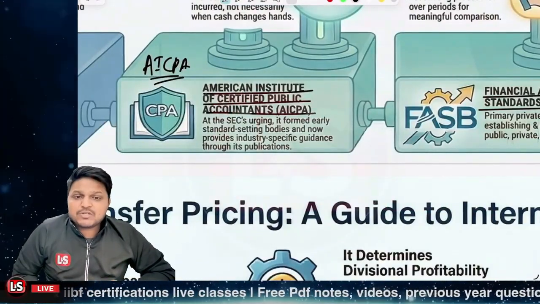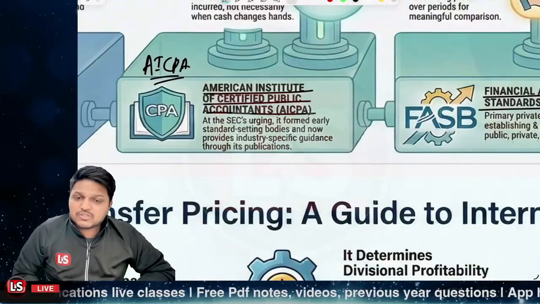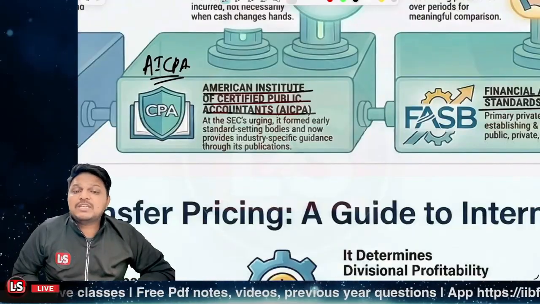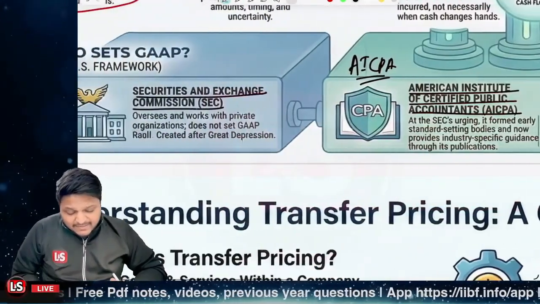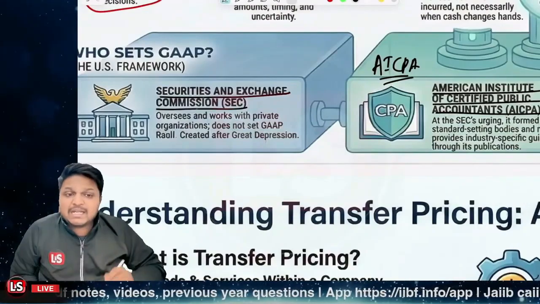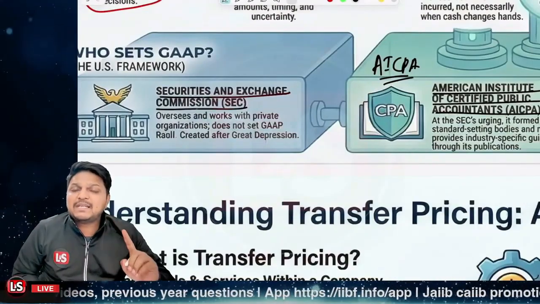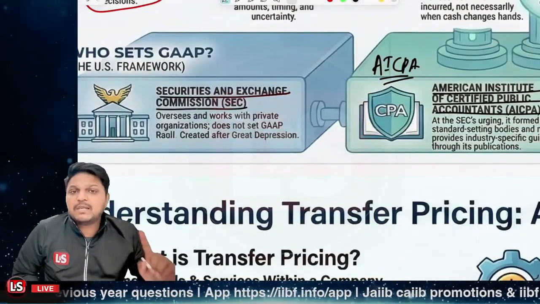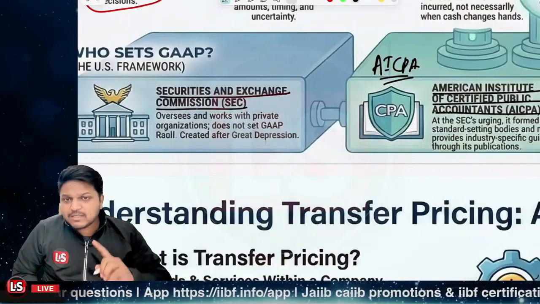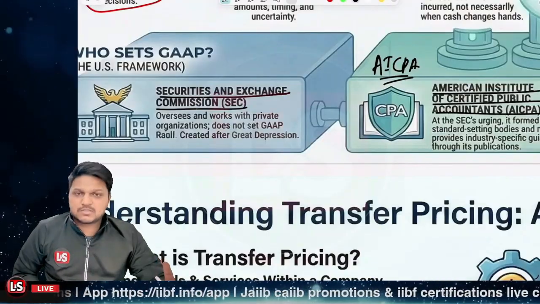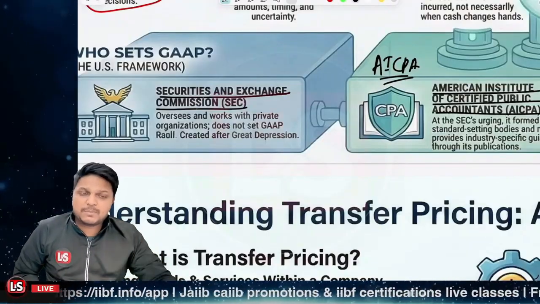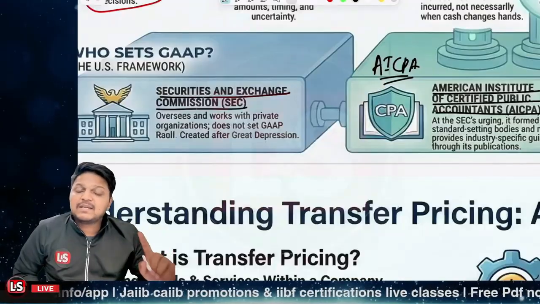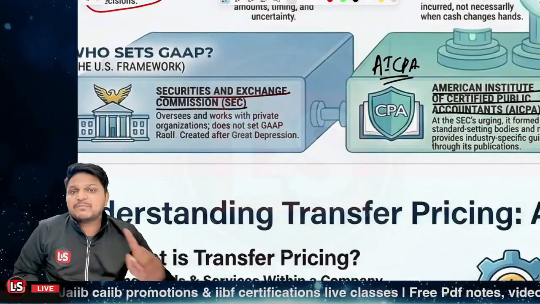The Financial Accounting Standards Board was also set up by the SEC, right? And the SEC actually works closely with the private organizations which set up the GAAP, but the SEC does not individually or independently set up the GAAP. So the SEC is working closely with the private institutions which do set up the GAAP, but the SEC itself is not setting up the GAAP.